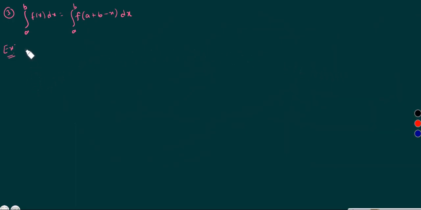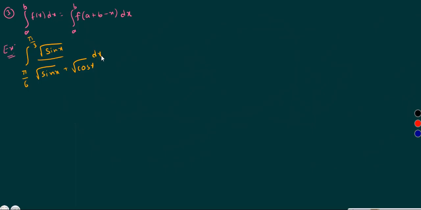See example: integration from pi by 6 to pi by 3, square root of sin x by root sin x plus root cos x dx, same question.